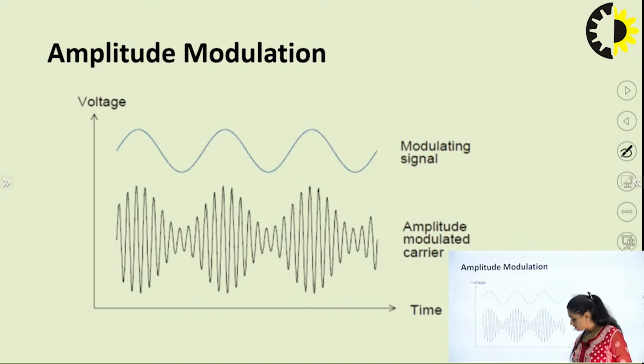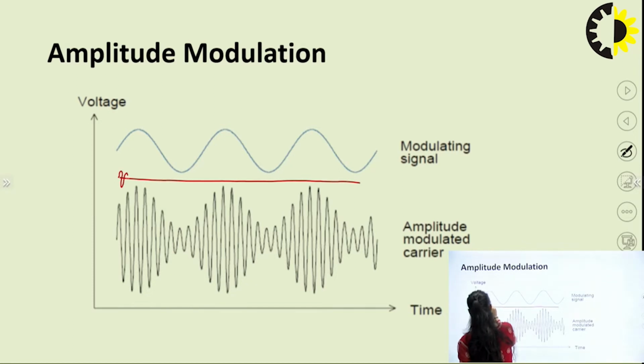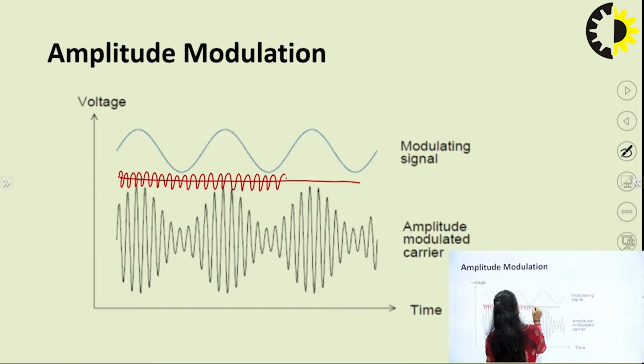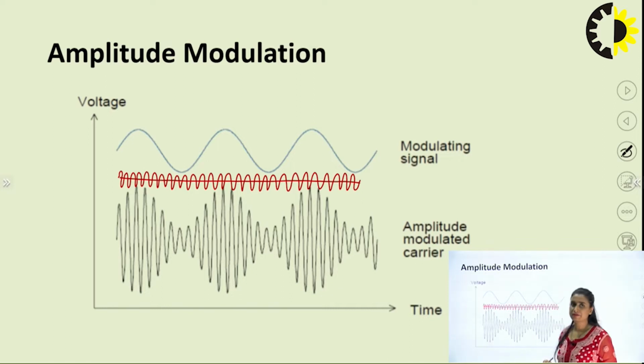See, this is how my amplitude modulated wave looks. If this is my message signal, and let's suppose I draw a carrier which would be a very high frequency wave.